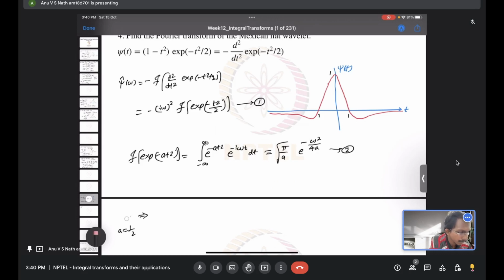Substitute a equal to half in 2. Then expression 1 gives psi cap of omega.